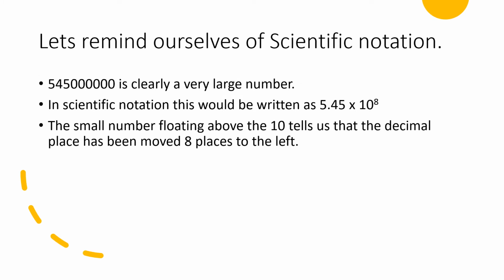So, just to give you a wee reminder to cover scientific notation, if we have a wee look at this number here, you can see we have 545 million, which is obviously a very, very large number. To make that a little bit more easy and a little bit more noticeable, you can see here, it is displayed as a decimal number 5.45 times 10 to the power of 8.